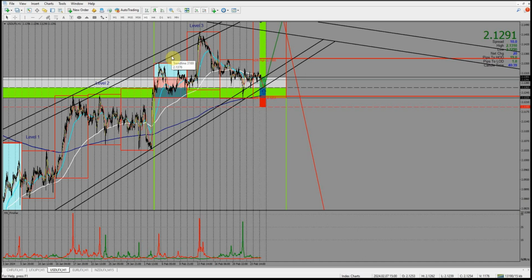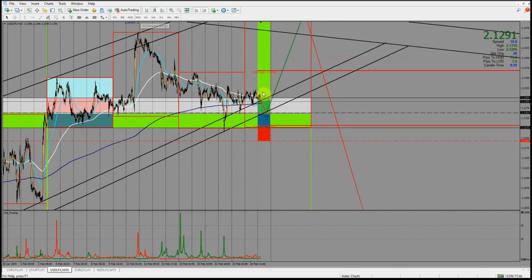So for this setup today, I'm anticipating a stop hunt drop for London open and then a rise. We might just get it when London opens in a few hours, or later in the afternoon when New York opens.